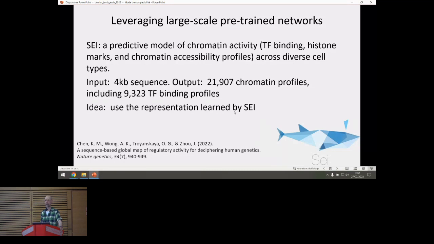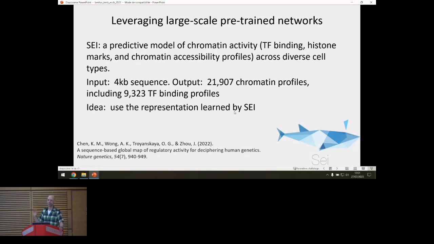where they have a model that from sequence gives you over 20,000 outputs that describe various aspects of the chromatin state, including over 9,000 transcription factor and other DNA binding profiles. Some of these transcription factors are represented multiple times.